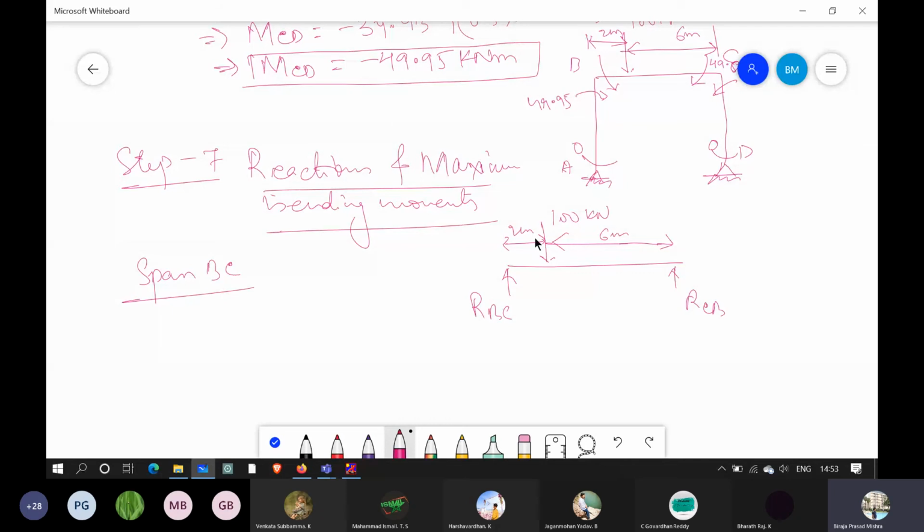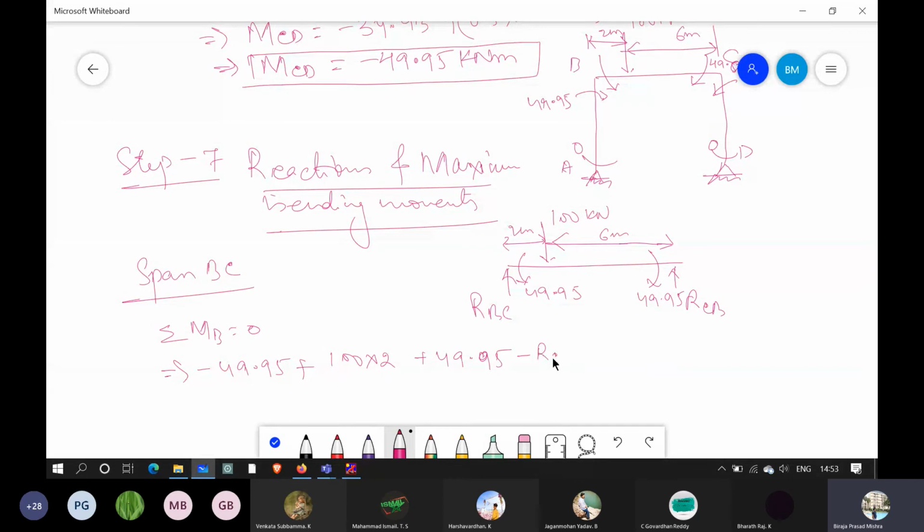If I take summation of moments about B equals 0, this implies minus 49.95 plus 100 into 2 plus 49.95 minus RCB into 8 equals 0. Please calculate the value of RCB.